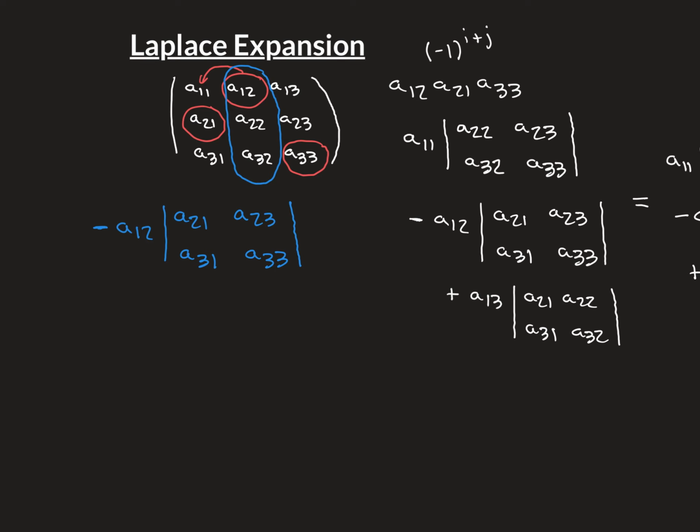So you can see that for any diagonal entry, any one of these, i and j are going to be the same, and therefore you're going to have an even number here, so you're going to have plus 1. For any off-diagonal entry, however many maneuvers it's away, so if you look at this one that's just one maneuver away, you have raised the j index here by 1, which therefore has made it odd.